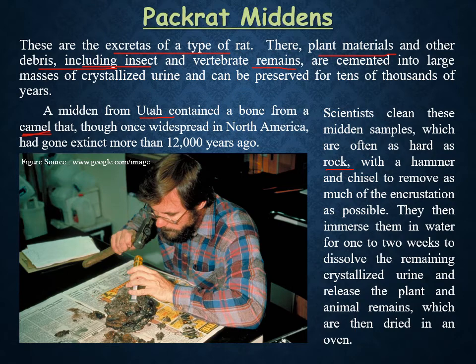They then immerse them in water for 1 to 2 weeks to dissolve the remaining crystallized urine and release the plant and animal remains, which are then dried in an oven and studied under the microscope, or further detailed study is done to get an idea about the ancient climates, and particularly from the middens, the timing of droughts, the timing of exceptional dry conditions, the droughts are identified from these.